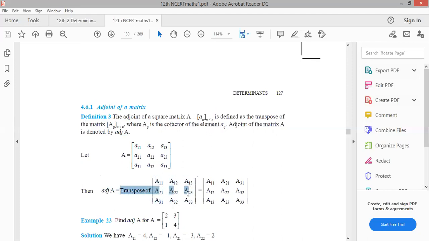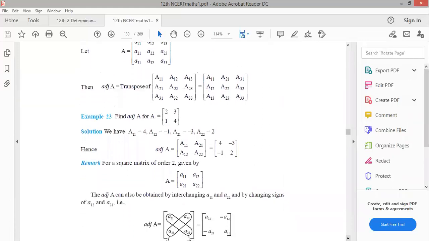This transpose of the matrix of cofactors obtained here is called the adjoint of the matrix. So the definition is very simple. The only task that we have to do here is to find the cofactors of each element.